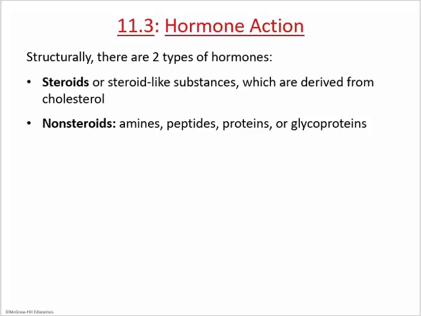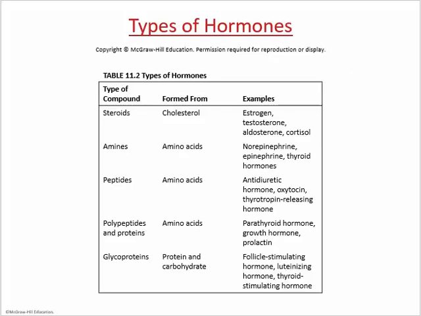The non-steroidals are water soluble and can't cross cell membranes. So steroids are things like estrogen, testosterone, aldosterone. They tend to say sterone in them. Cortisol, which is cortisone. Etc.